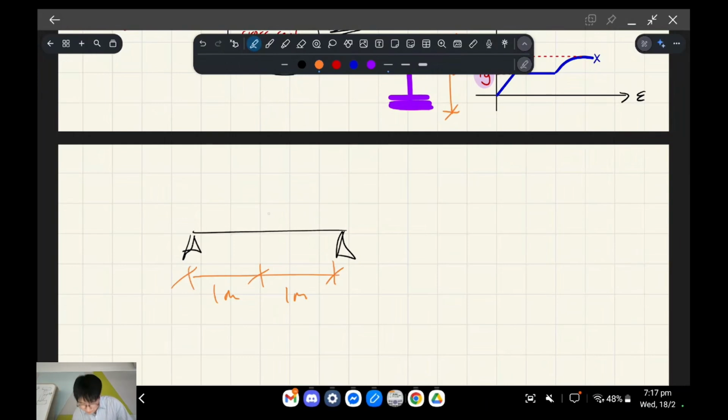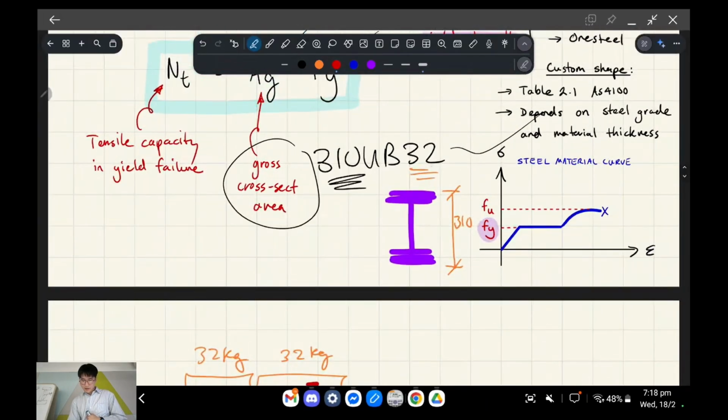So if it's 32, that means 32 kilograms per that 1 meter, based on its cross-section shape. Make sense? You can get heavier steel, which is stronger, but it is more expensive. How heavy the steel is is proportional to how expensive it ends up being for the members. Any questions?